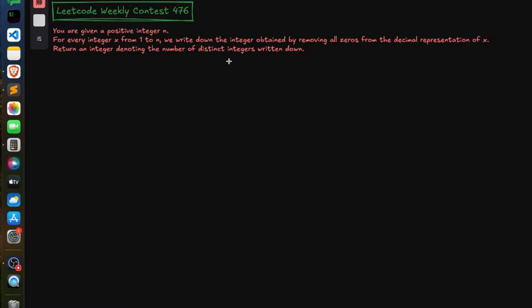To solve the third problem, let's say this is my given integer n, let's say 2 3 5 1 0 1 0 4 2. And we have to find the unique numbers if you iterate from 1 to this number and remove all the zeros, then whatever numbers you get, you have to find out how many distinct integers we can get, right?